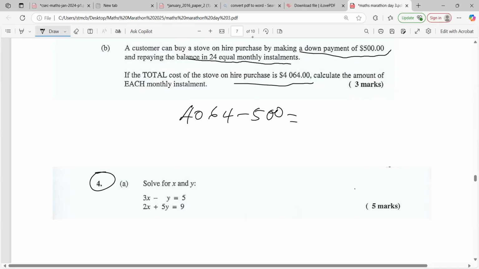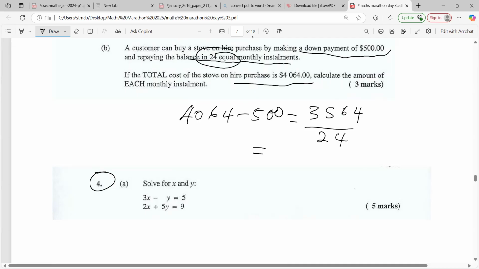So this is our $4,064. Let me just subtract on my calculator: 4064 minus 500 gives 3,564. Now they said 24 equal monthly installments, so we just divide this by 24.